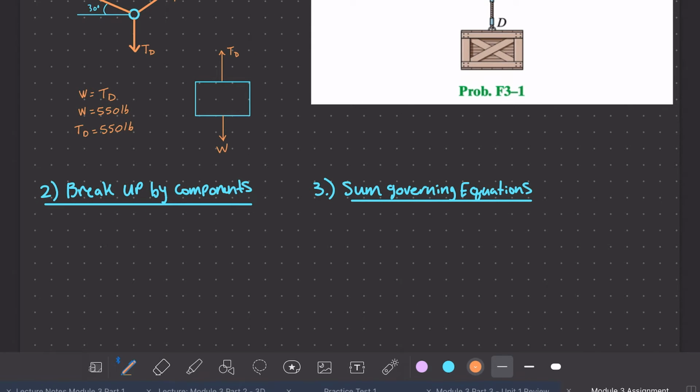Now we can move on to breaking up the components. Starting with TB, we can do TBX is equal to TB times cosine of 30. And then TBY is equal to TB sine of 30.